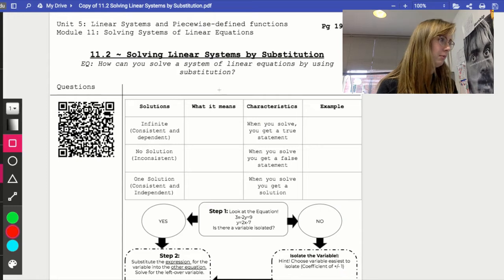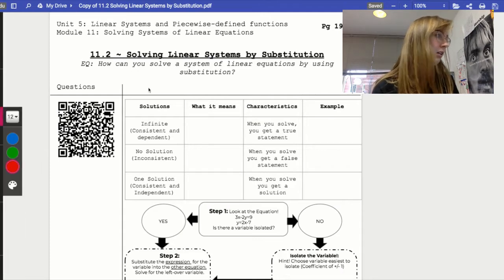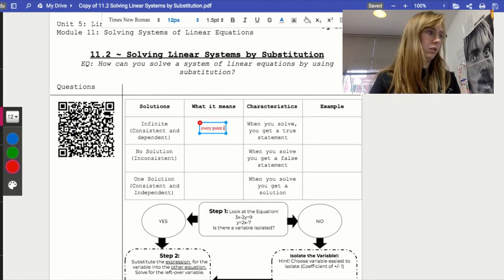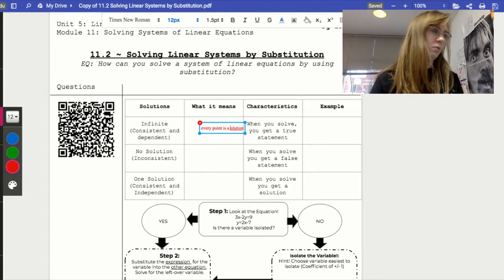We have some vocab. If you remember last time, if it was infinite solutions, then that means they are the same line, and every point is a solution. That's literally what it means.